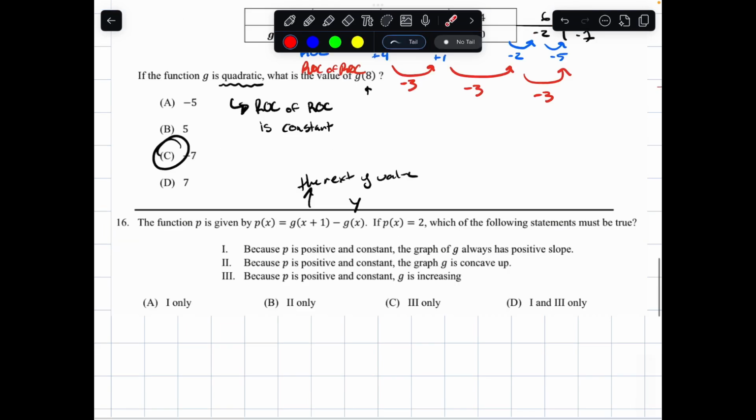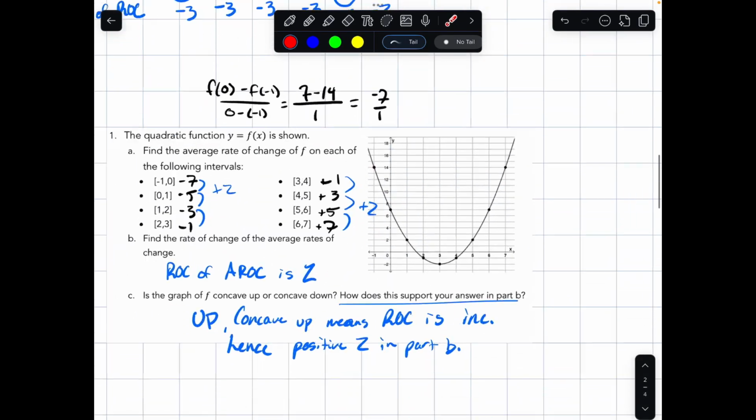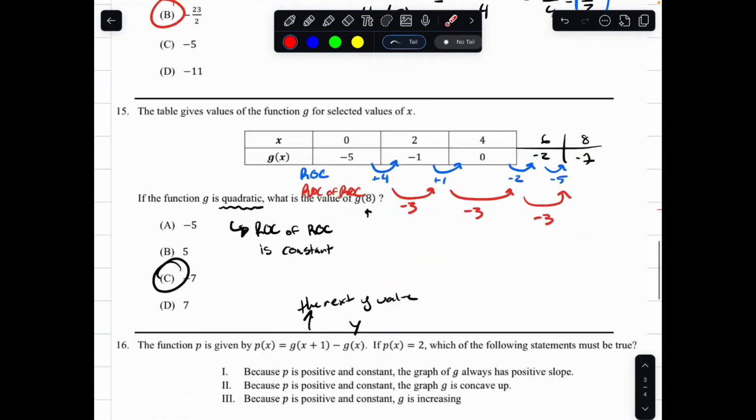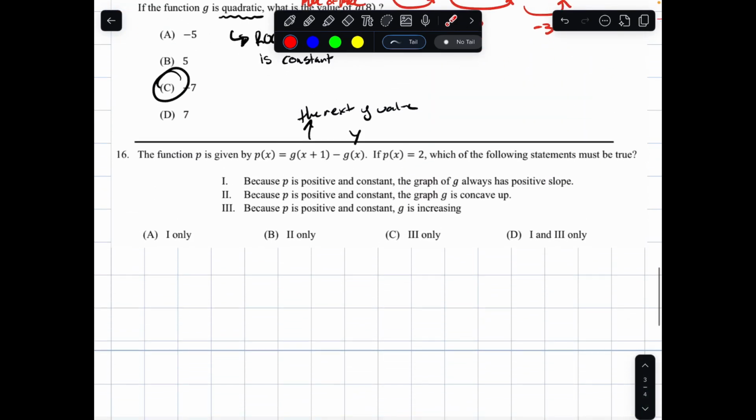If I were to use this graph as an example, this could be g of x, and this is g of x plus 1. Or, this is g of x, this is g of x plus 1. It's basically saying the next y value minus the first y value is 2.